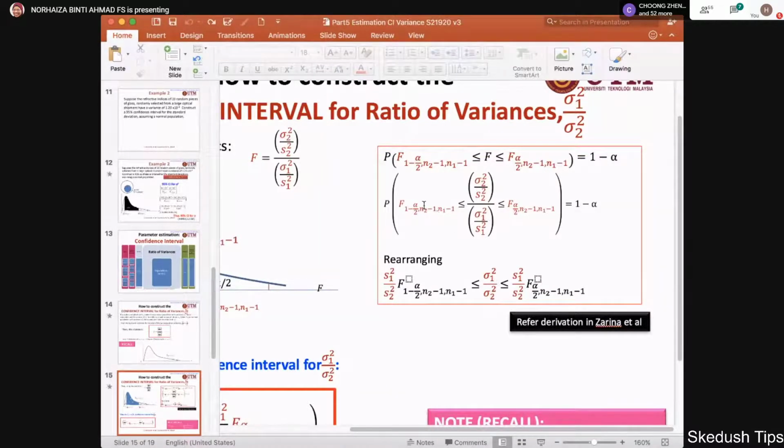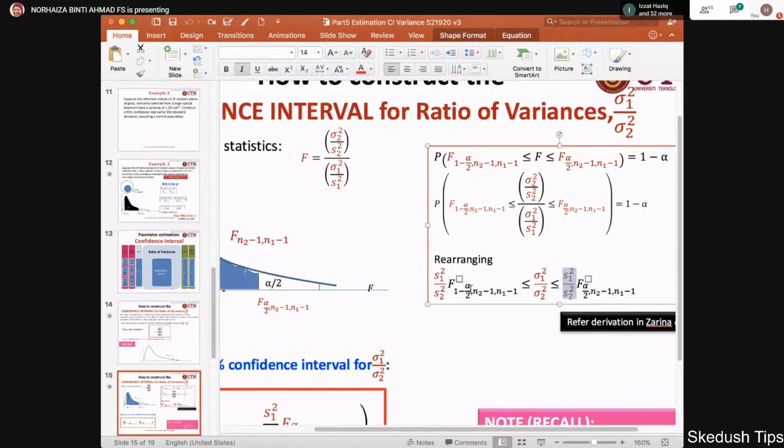So if you manipulate this, you will see that the best point estimate for sigma 1 squared over sigma 2 squared is S1 squared over S2 squared, correct? So for my lower and upper limits, I will still have S1 squared over S2 squared. Now, what is the F value that we're going to use?